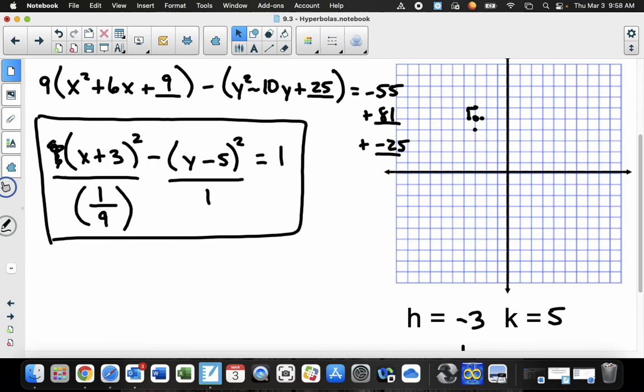So, there's the box, the rectangle, which means now we can put in our asymptotes. And remind me again, which way is this opening? Left and right, because that's the positive term.